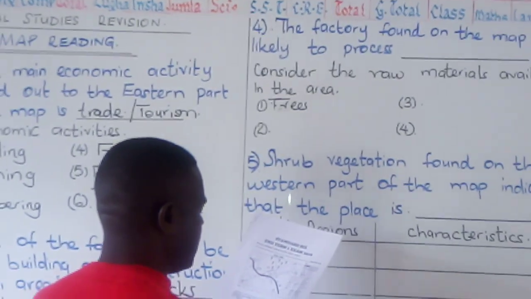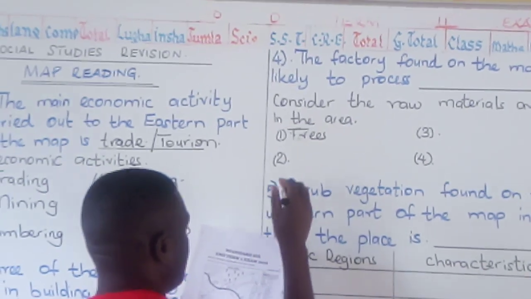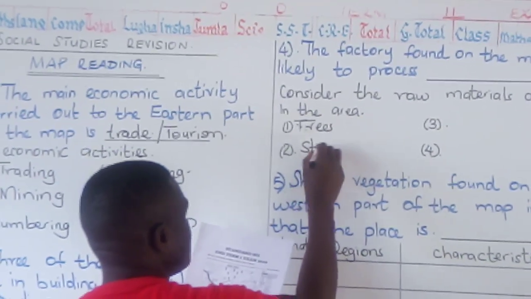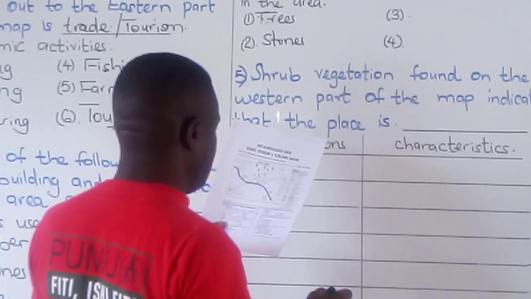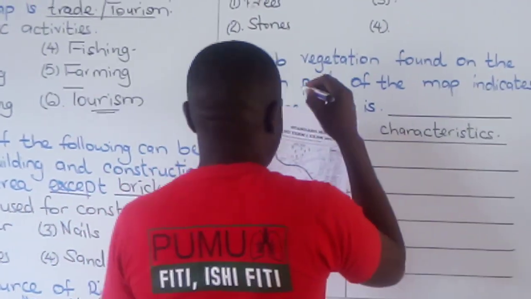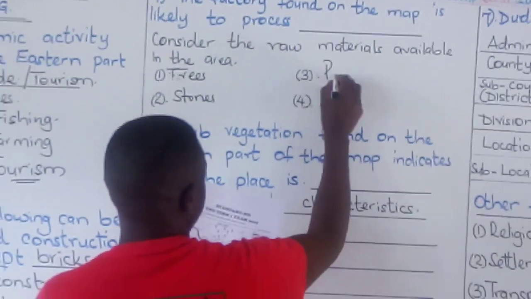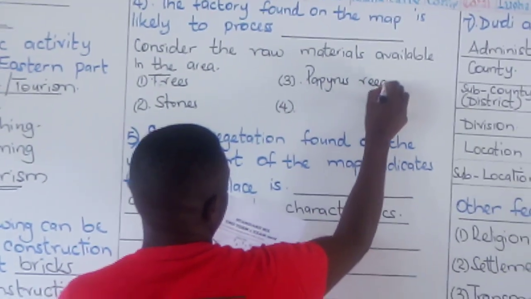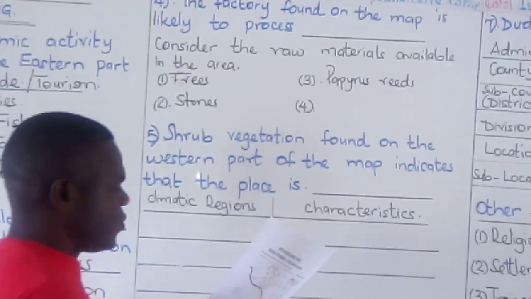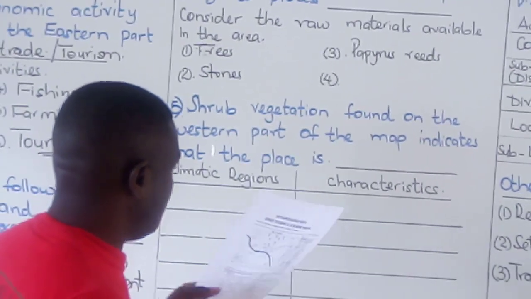The quarry is providing raw materials. Stones are there, and we can see other raw materials on the map, like the papyrus reeds. They are raw materials, and so many other raw materials can be used.